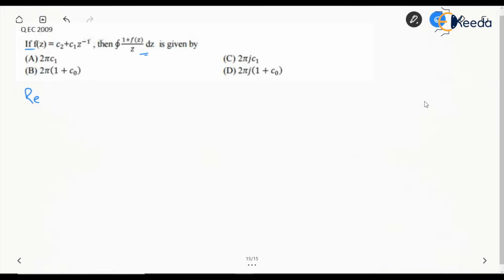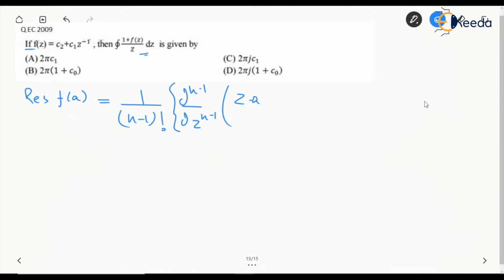The residue of f at a is given by 1 over (n minus 1) factorial, d^(n-1) by dz^(n-1) of (z minus a) to the power of n into f of z, as z tends to a.